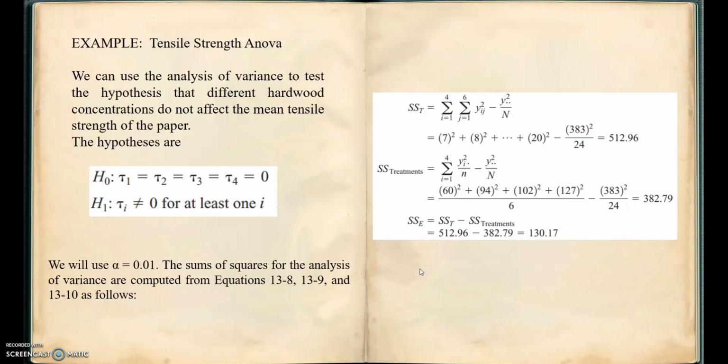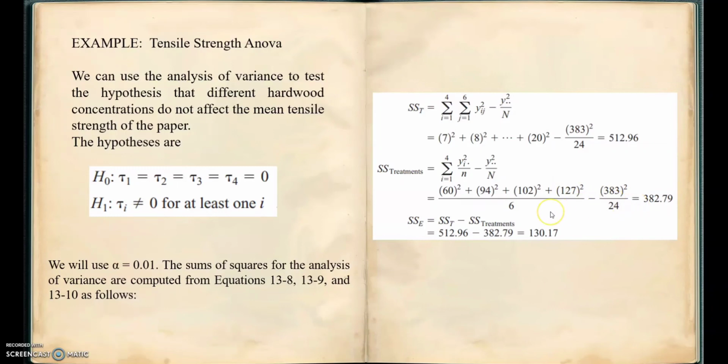So this is our solution for the tensile strength ANOVA. By plugging the given values into the formula, we get the value of the sum of squares total, which is 512.96. Same process with the sum of squares treatments. By plugging into the formula, our value is 382.79.